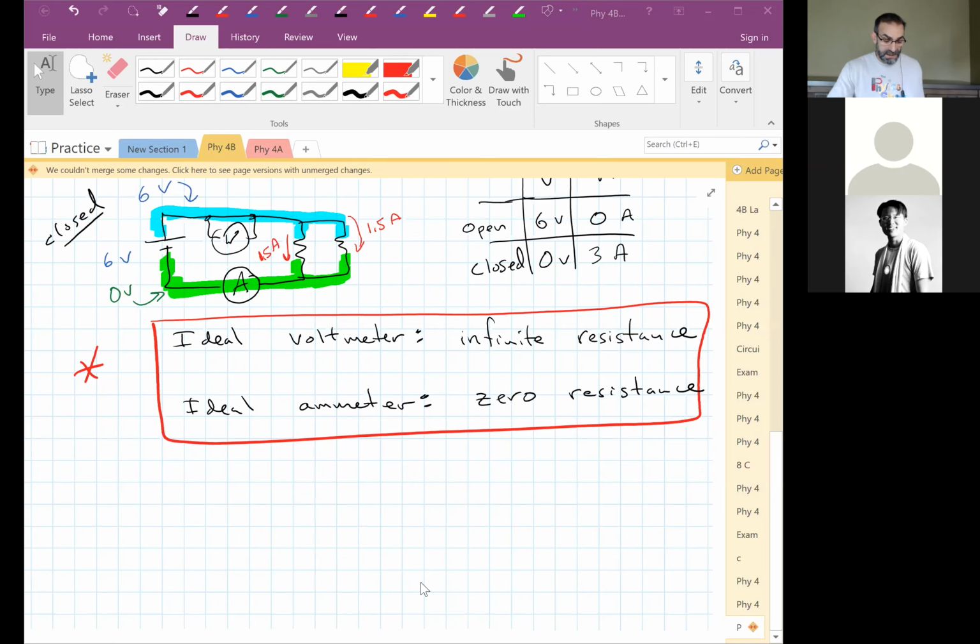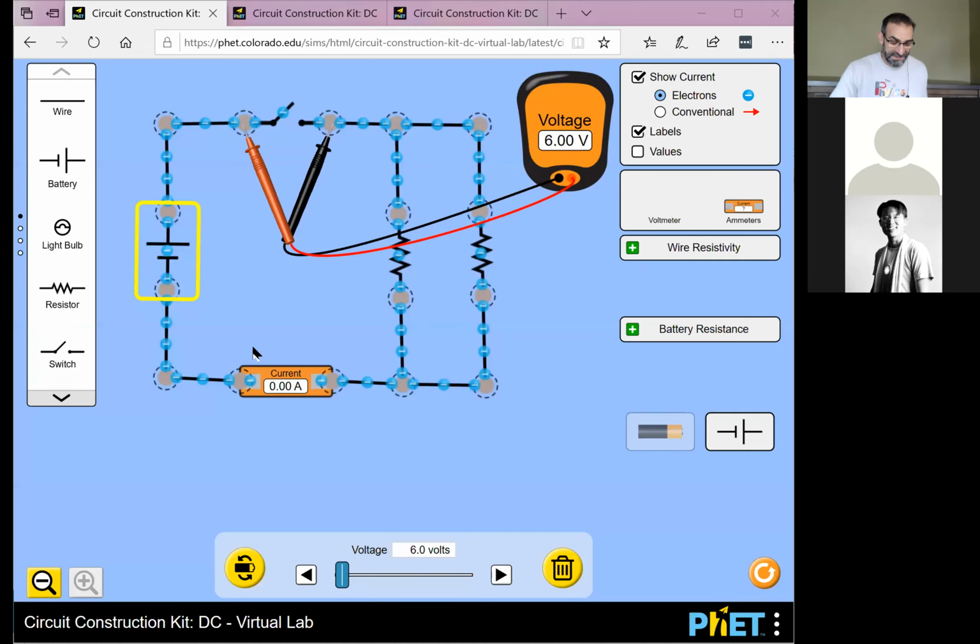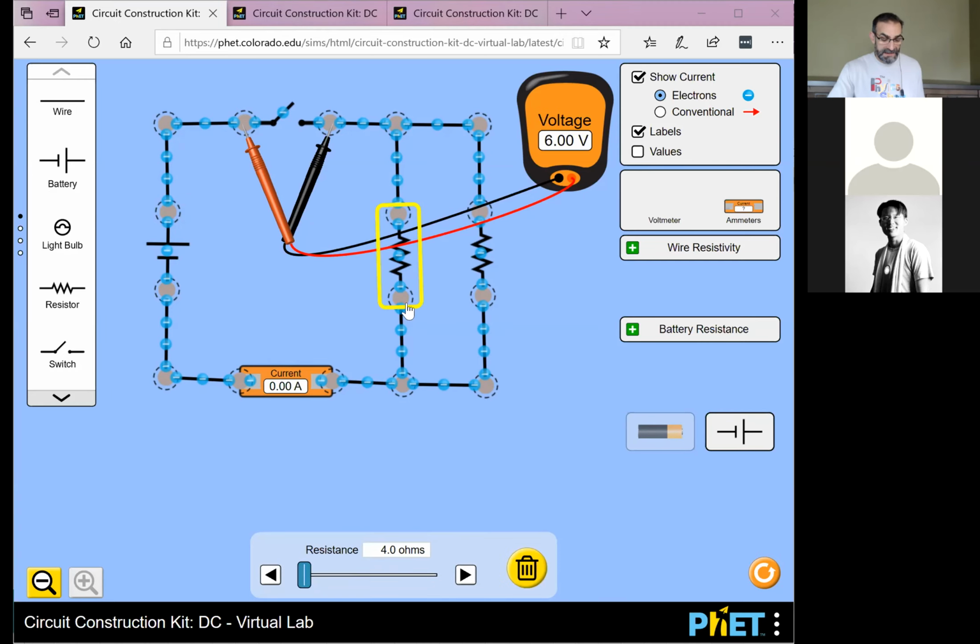We are getting 0 amps and 6 volts as expected. Oh, sorry. Got to share it with you, don't I? There we go. Okay, we've got a 6 volt battery, 4 ohm resistor, 4 ohm resistor. There's a switch with our voltmeter connected across it and our ammeter.